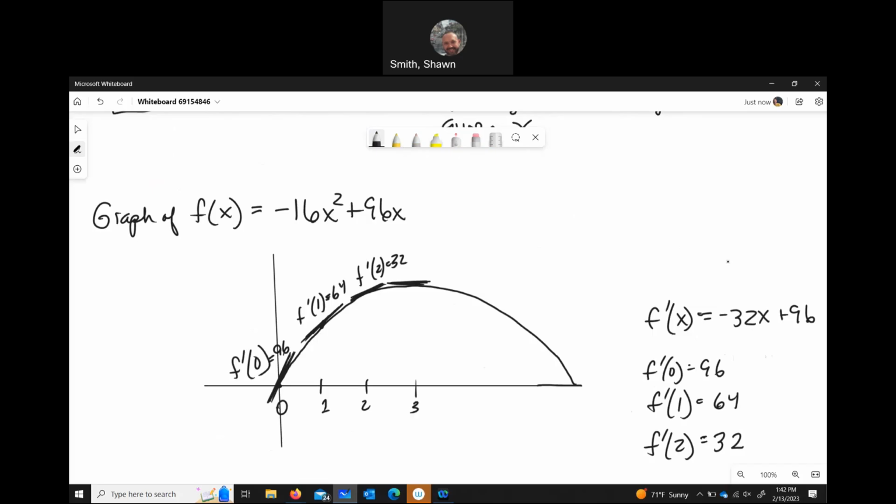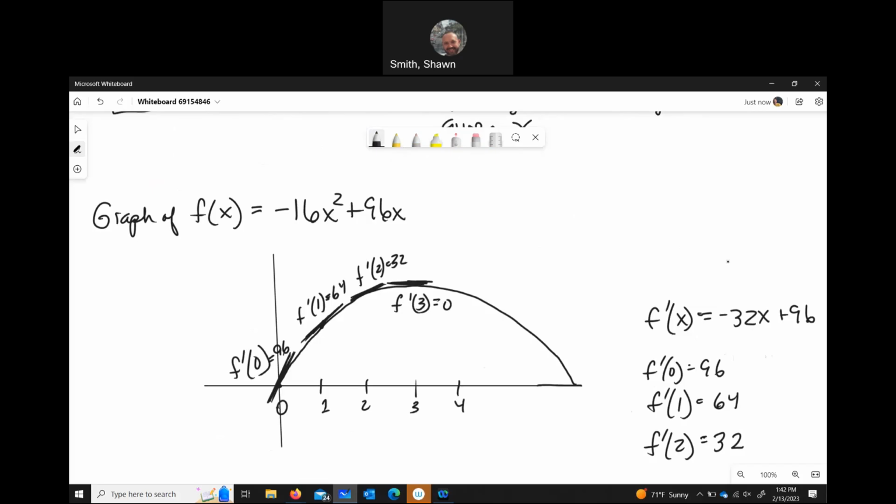At 3, f prime at 3, negative 32 times 3 is negative 96 plus 96 is 0. The slope of the tangent line is 0.